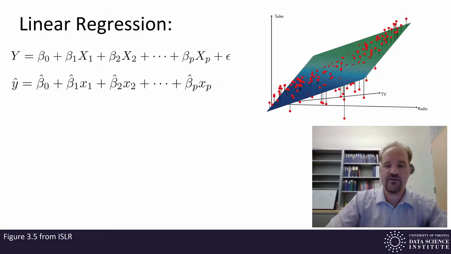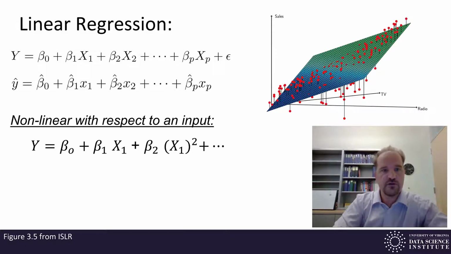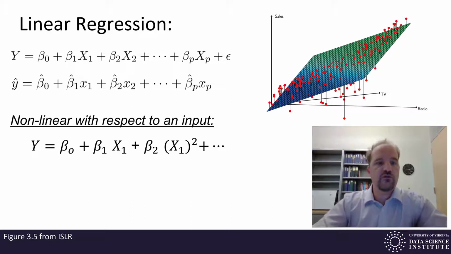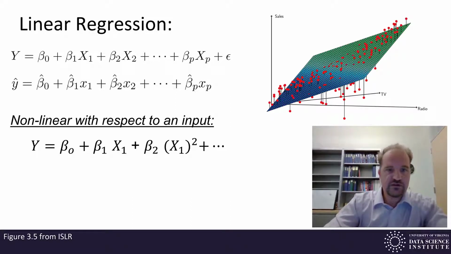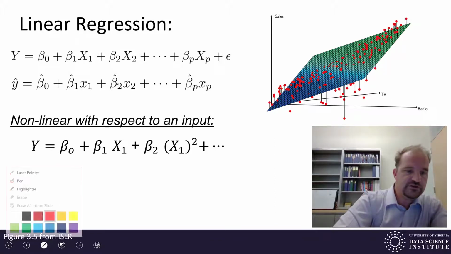It's not going to be as nonlinear flexible as k-nearest neighbors. It's going to be somewhere between that and linear regression. There's a couple of ways we can relax the linear requirements. The first method is to do nonlinear regression and have it nonlinear with respect to a single input variable, as in the formula shown here.